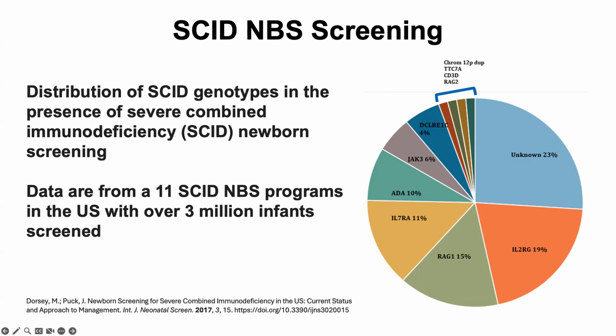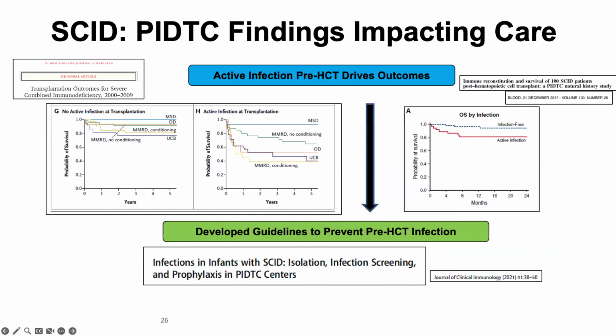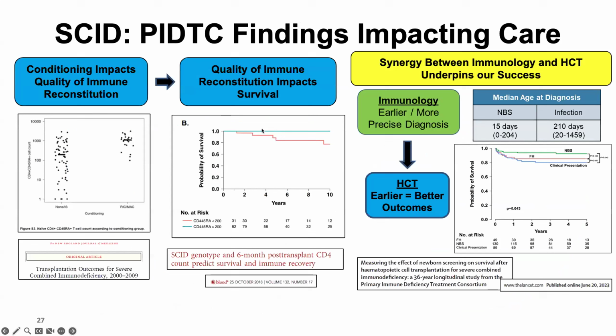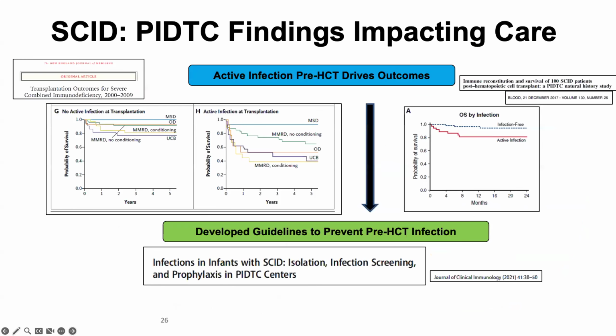Now, why does this matter? Well, these are from some studies that were done in the Primary Immune Deficiency Treatment Consortium, where we looked at bone marrow transplant before and after newborn screening. Actually, I'm going to jump to this one. Prior to newborn screening, this is a survival curve.